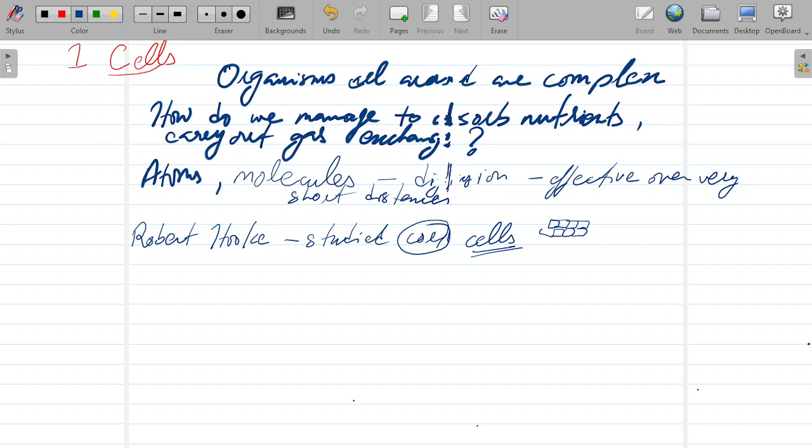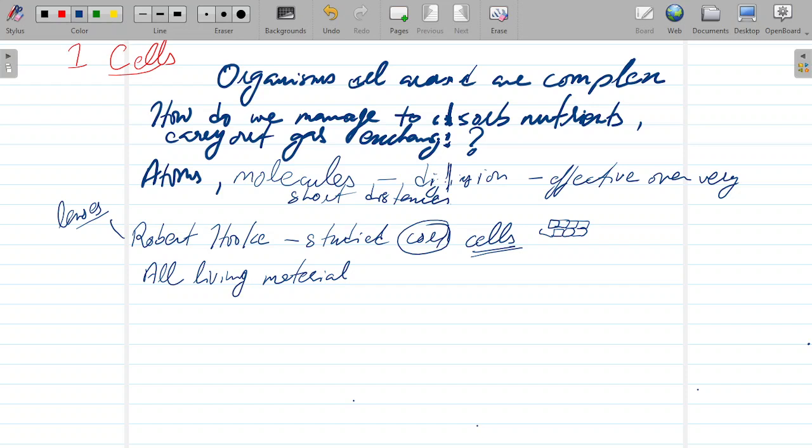Later studies with microscopes gave us the understanding that all living material is made of them. So he did this with lenses. A proper microscope probably hadn't been invented at that time.